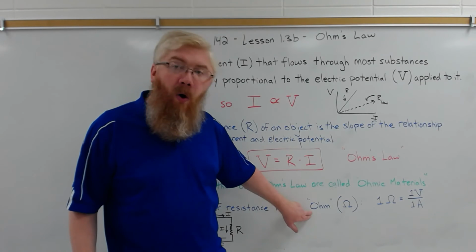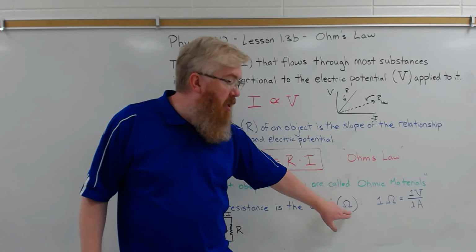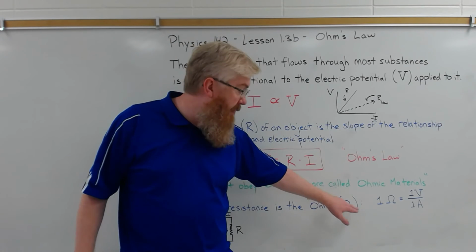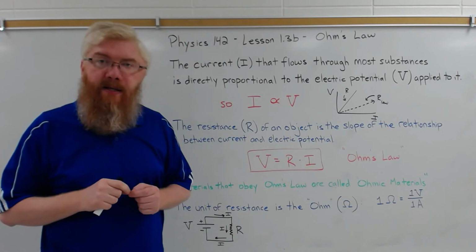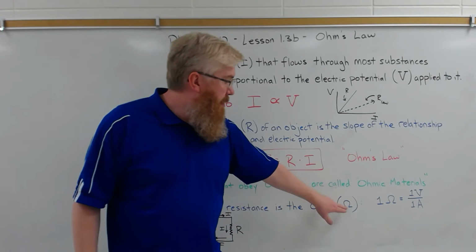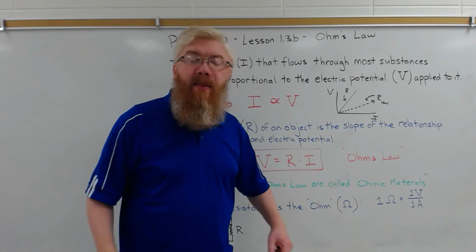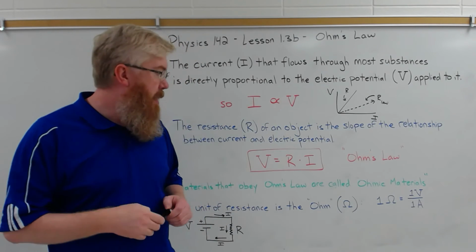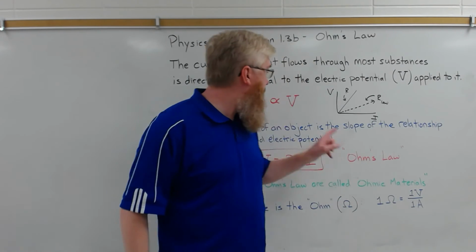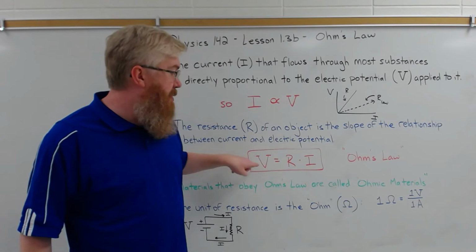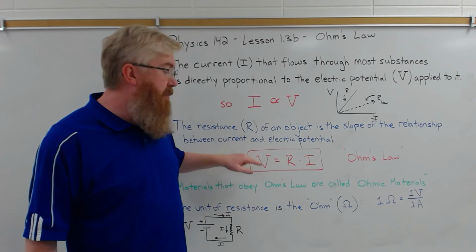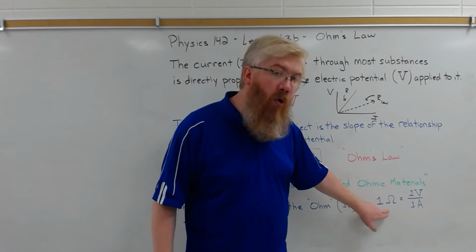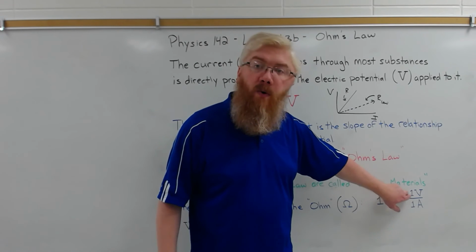So instead of an O for ohm, we use the Greek letter omega, which is kind of like a horseshoe that flares out on the bottom. Whenever you see that, think ohm. That's the resistance unit. If I solve this equation for resistance, divide both sides by I, R is equal to V over I, or 1 ohm is equal to 1 volt over 1 amp.